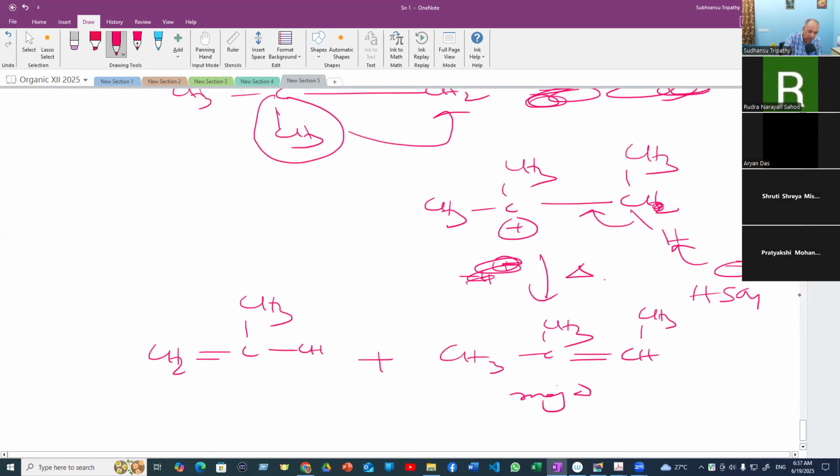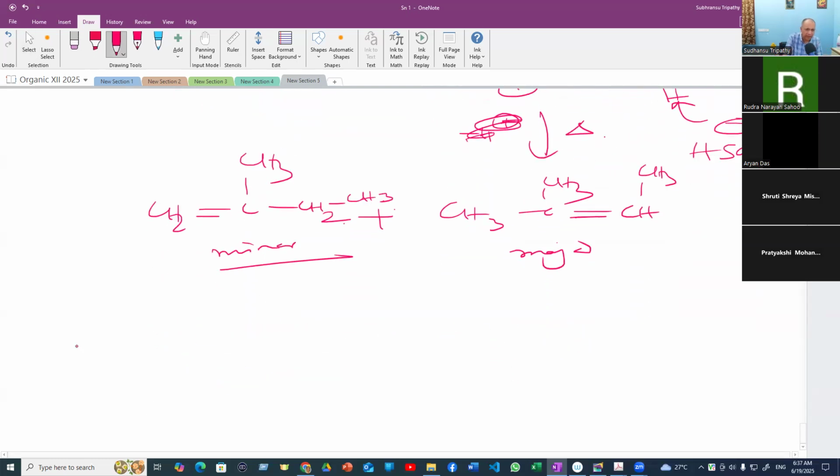So the regio word will be more appropriate than the stereo word. This is minor, thermodynamically less stable. This is more stable. That is the thing which we have done several times.